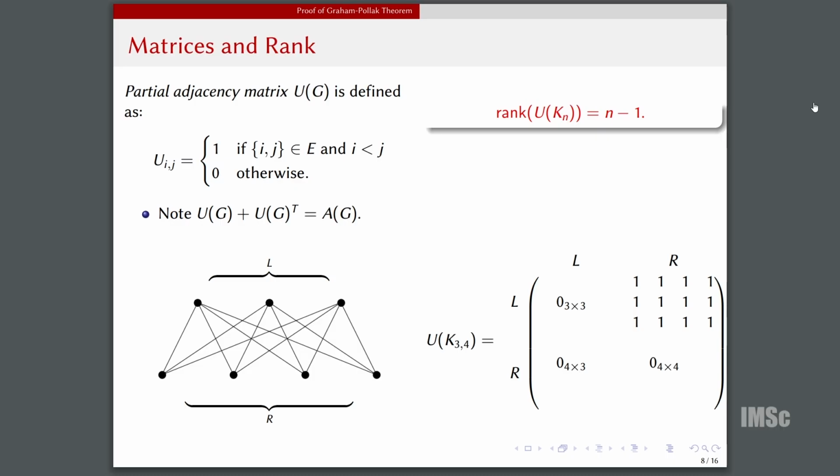We talked about the complete bipartite graph. If I label the vertices, first the vertices from L and then R, the first block will be 0, and the third and fourth blocks will be 0 because of the definition. What's the rank of this matrix? 1, because all the other rows are zero. So these are the only two things we need.